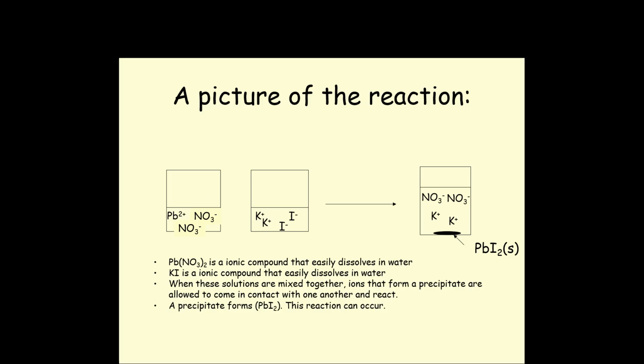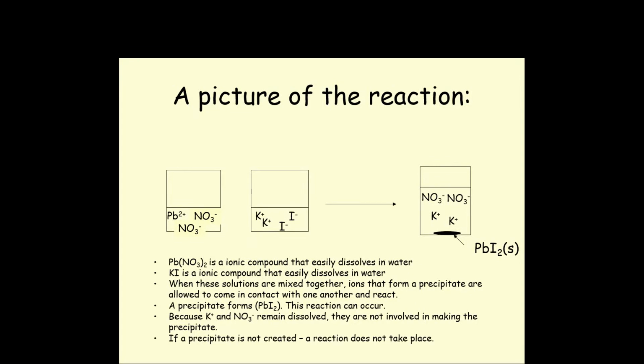We would see a precipitate being formed. Clear solution mixed with clear solution, and you get this really cool bright yellow precipitate for this reaction. Because the potassium and the nitrate are going to stay soluble, nothing happens with those. They were in the smaller container to begin with. They go to the other container, and absolutely nothing happens.